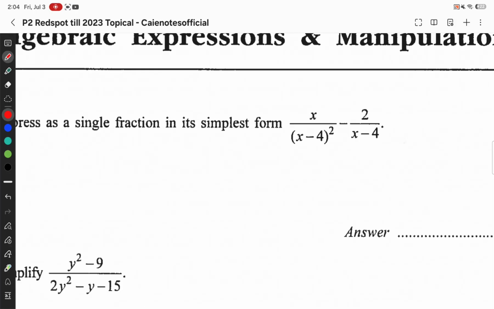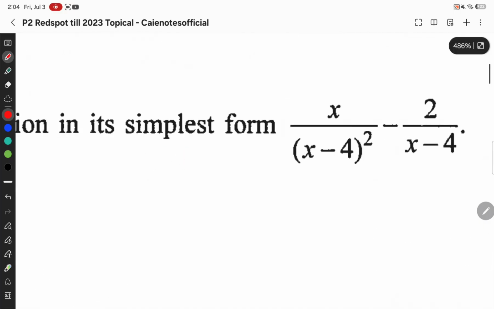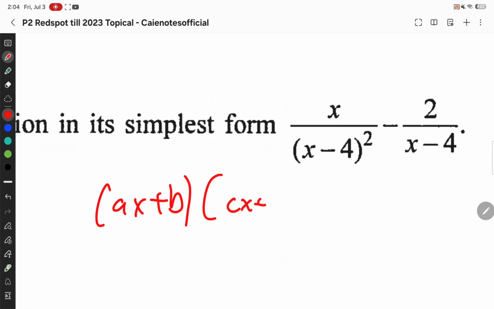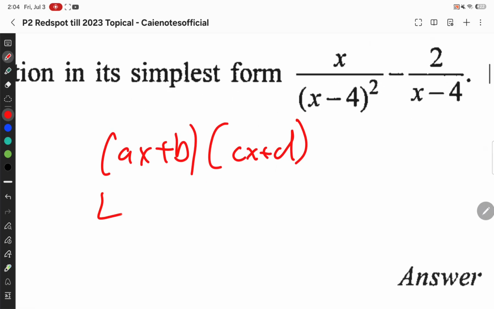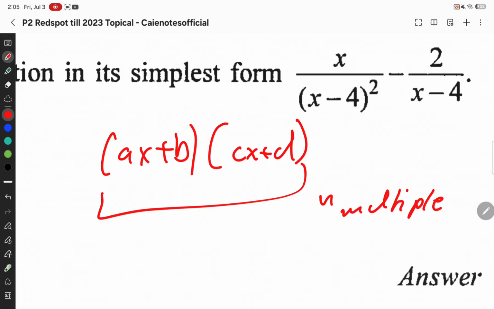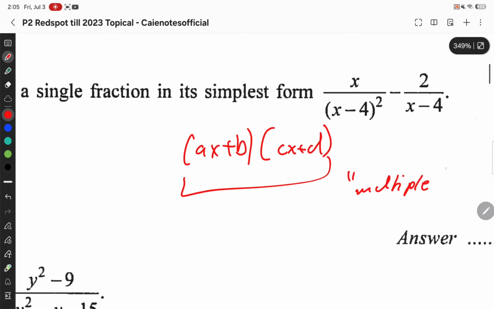Here instead we do LCM by factors. Like how with multiples we just multiply by a number, in multiples of polynomials we multiply a factor by another factor. We can say this is a multiple of ax plus b.